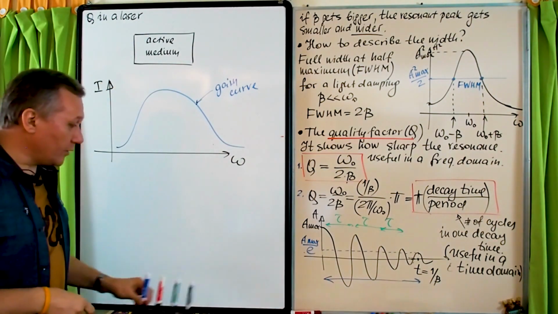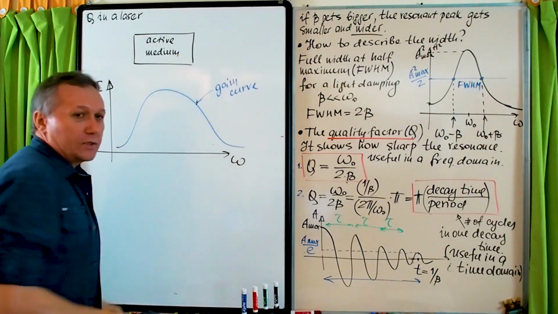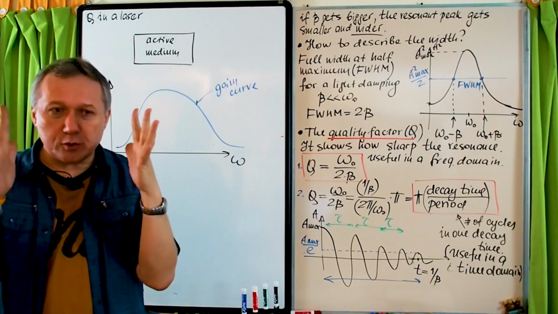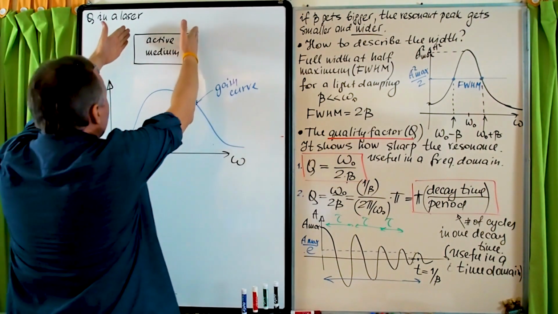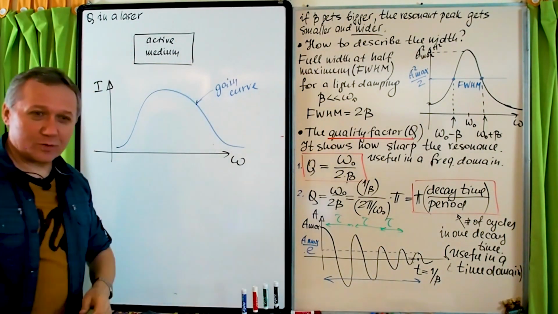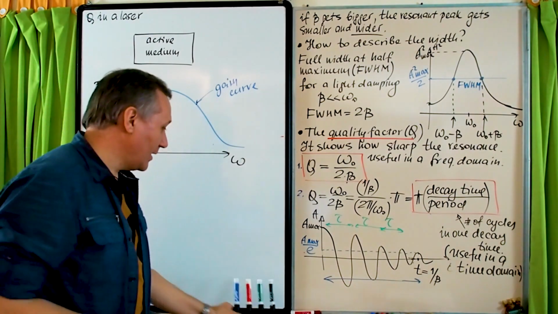But of course, in order to produce laser light, you need to put the active medium between two semi-transparent mirrors. Very often these are just the edges, these sides of the active medium work as semi-transparent mirrors.